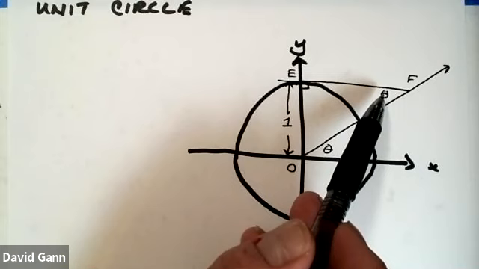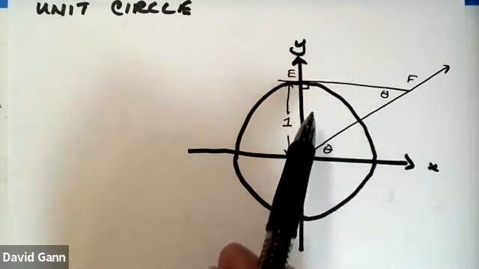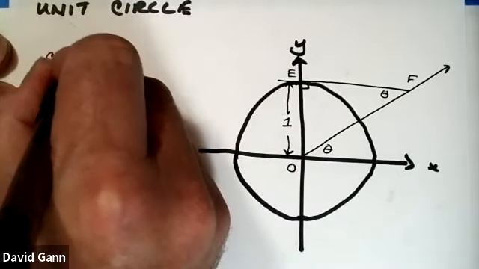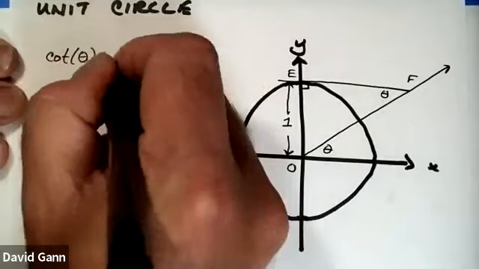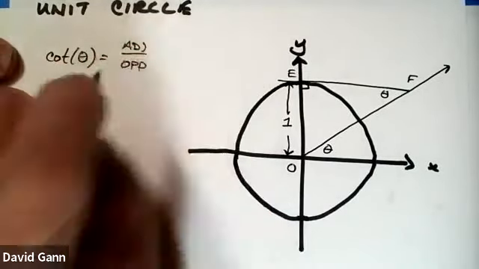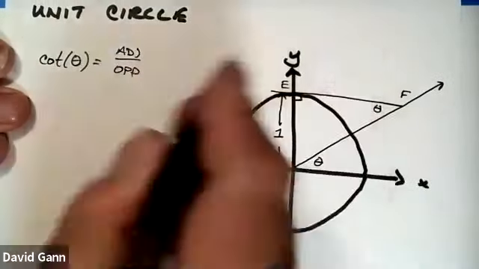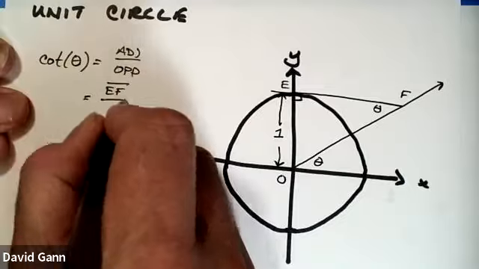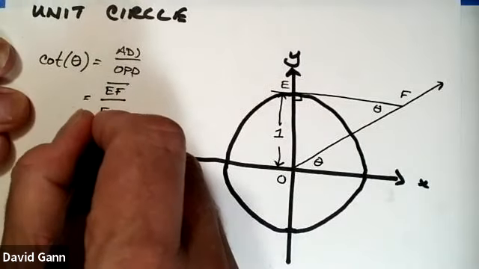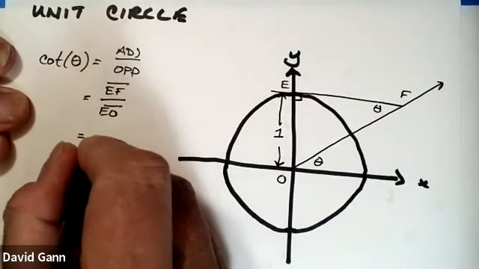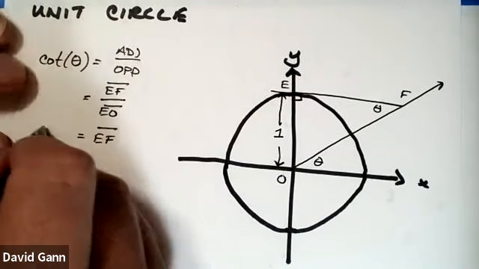Remember, that's going to be not opposite over adjacent, but actually adjacent over opposite. So cotangent of theta is adjacent over opposite, which happens to be the length of EF over the length of EO. And because EO is equal to 1, this reduces to EF.